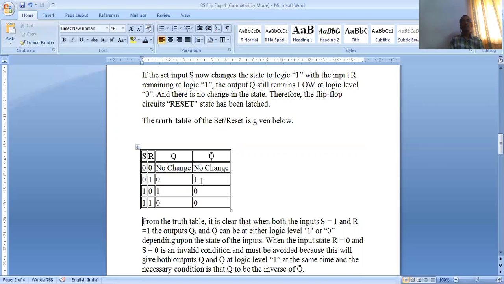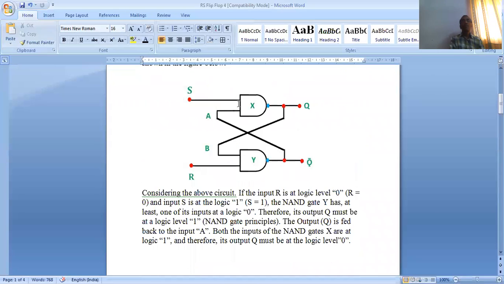Now next, when S equal to 1 and R equal to 0, what happens? See here on the upper side. When S equal to 1, R equal to 0, then 0 multiplied by something, the output of the lower NAND gate Y is 0 multiplied by something, which is 0.